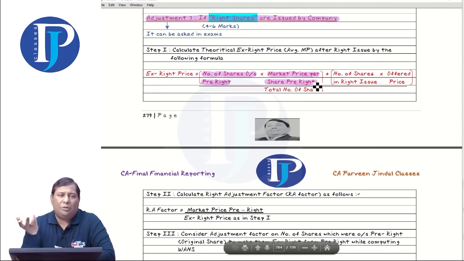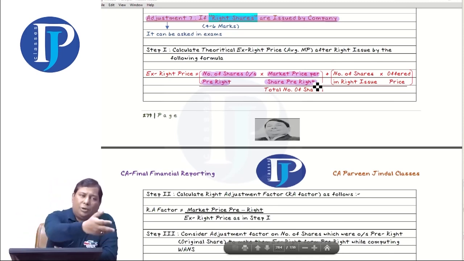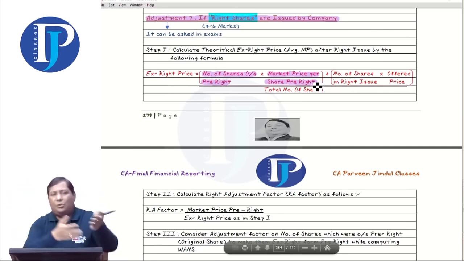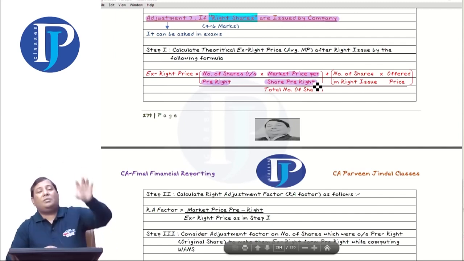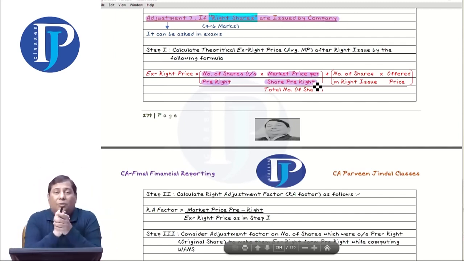So the company says we will get less money anyhow, so give the right shares only to existing shareholders at a discounted rate. The company is doing well, so don't add new shareholders. The expenses that you would have to bear outside, give them at a cheaper rate instead. I had explained the concept of why the right issue price is cheaper.